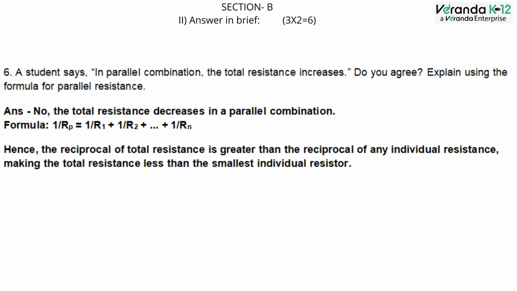Formula for parallel combination: 1 by Rp is equal to 1 by R1 plus 1 by R2 plus, till, 1 by Rn. Hence, the reciprocal of total resistance is greater than the reciprocal of any individual resistance, making the total resistance less than the smallest individual resistor.